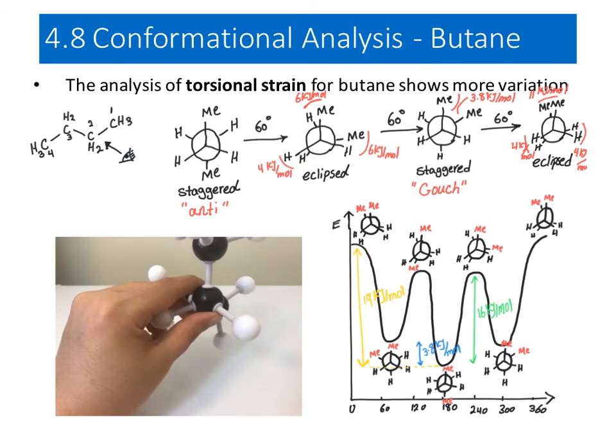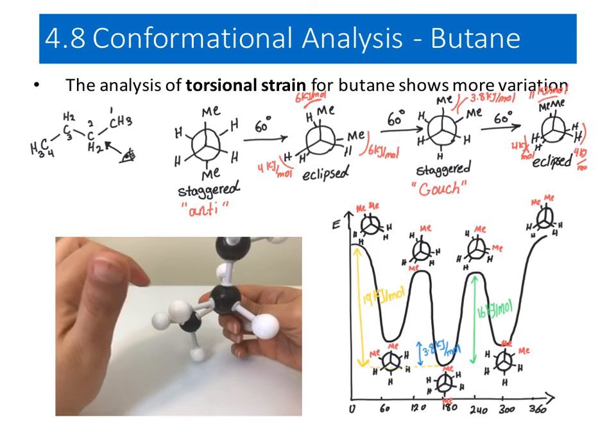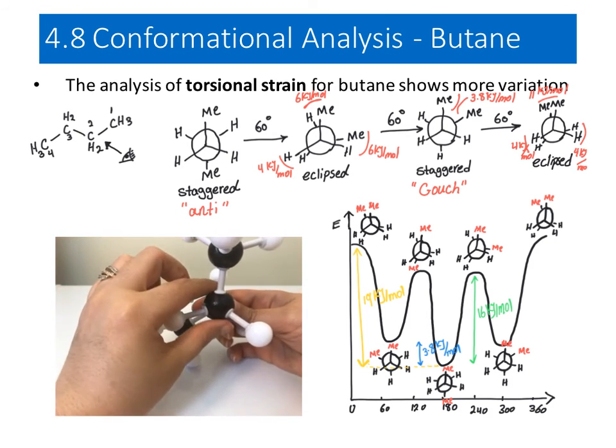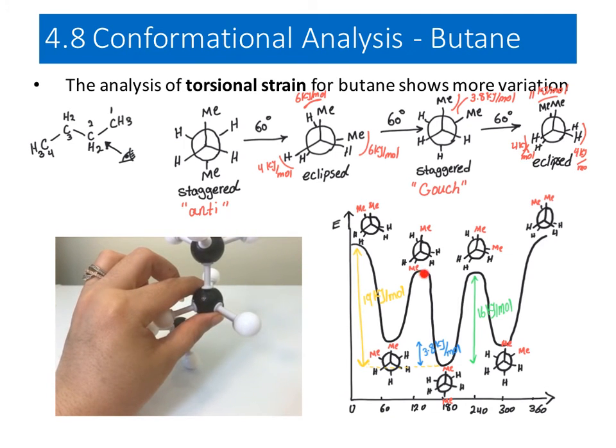And if you rotate the molecule one more time, you get to the eclipse conformation, but this is more stable than the first eclipse because the atoms are still eclipsing one another, but not two large group like methyl. So we get that one.